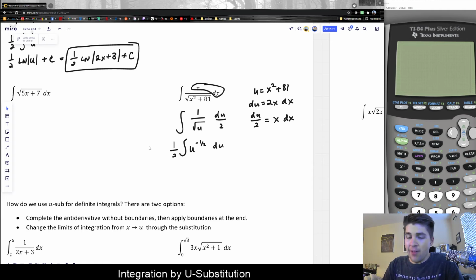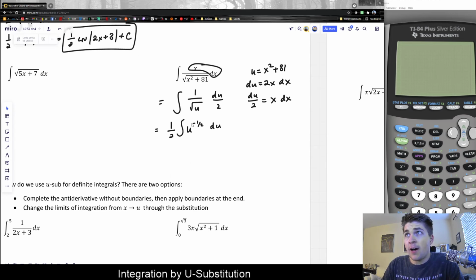And then all I have on the outside is this additional factor of 1/2. Now, in order to find the antiderivative by the reverse power rule, I would want to add 1. So that would put me at u to the 1/2 and drop the reciprocal. So the reciprocal of 1/2 is 2, so I'm going to get an extra factor of 2 coming through there. And again, plus c because this is indefinite.